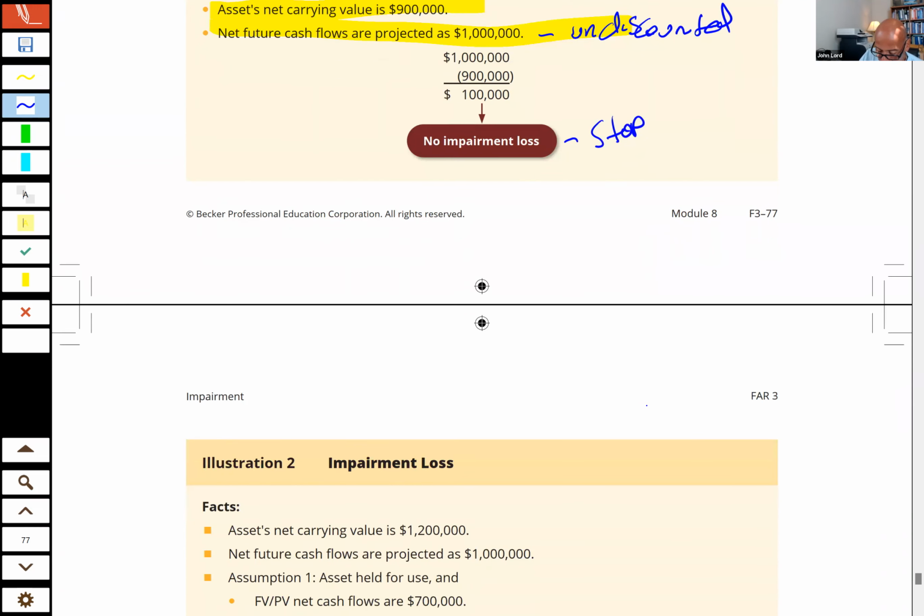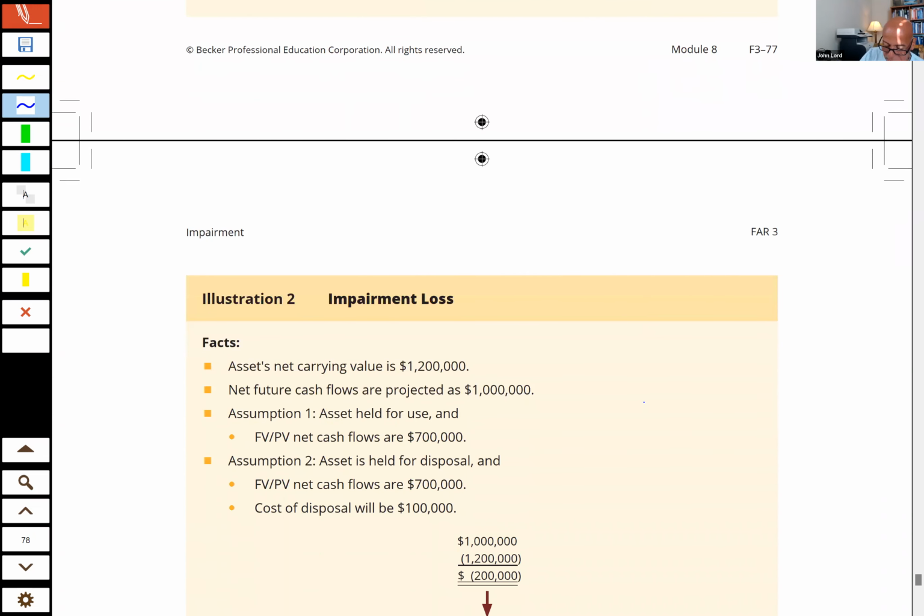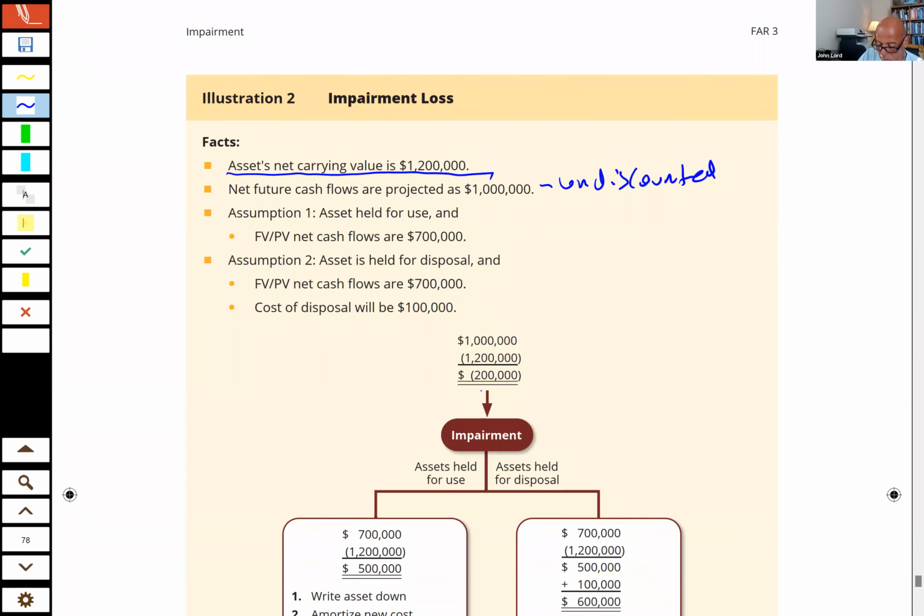Now, looking at this fact pattern, they still tell us that the net undiscounted cash flows are $1 million, but now they tell us that the asset's carrying value is 1.2 million. So what happens? Since we're not going to recover those cash flows, the net carrying amount is compared to the undiscounted cash flows.